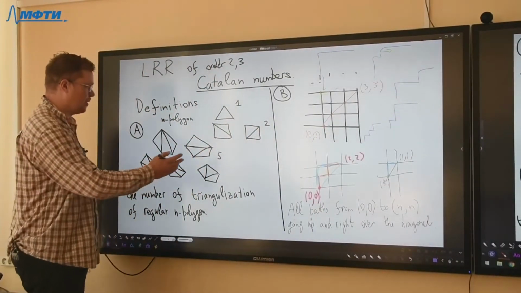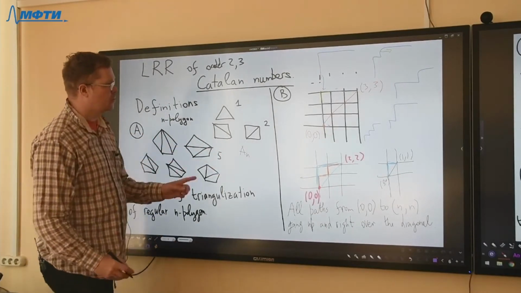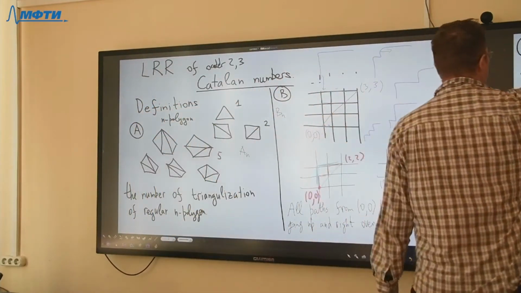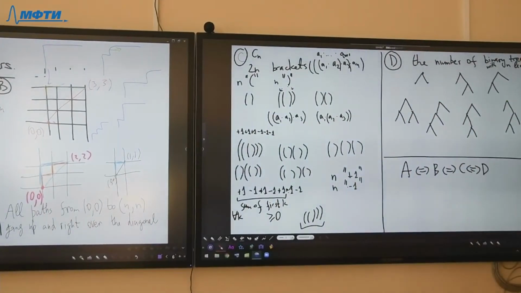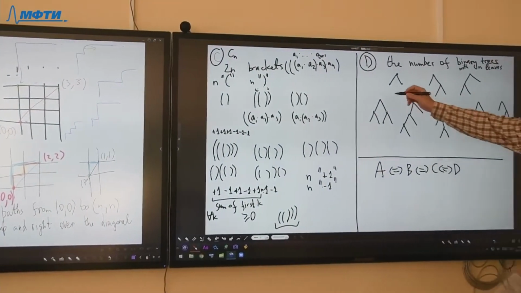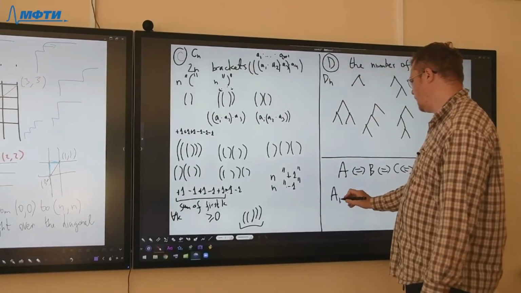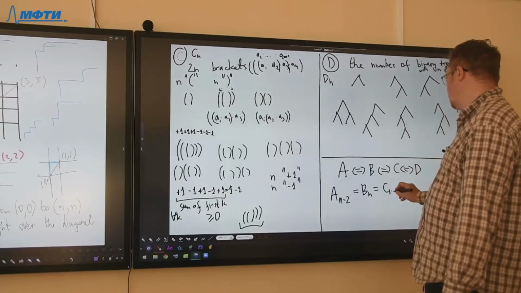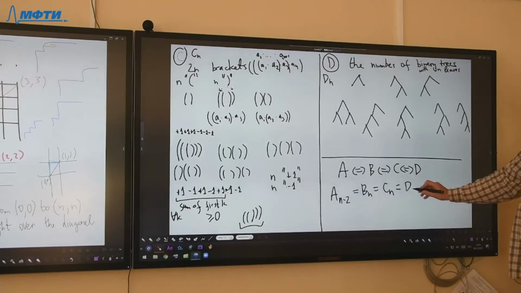So for example, if I take A_n as the number of n-gon triangulations, B_n is the number of paths, C_n is the number of ways to put in brackets, and D_n is the number of binary trees. That will be something like A_{n-2} is equal to B_n is equal to C_n is equal to D_{n-1}.